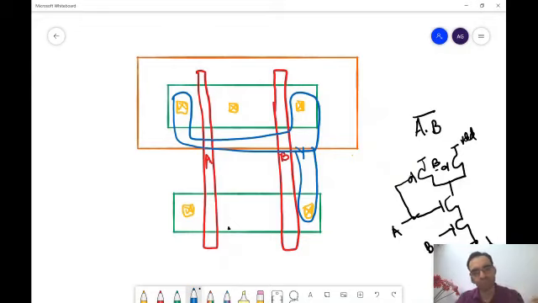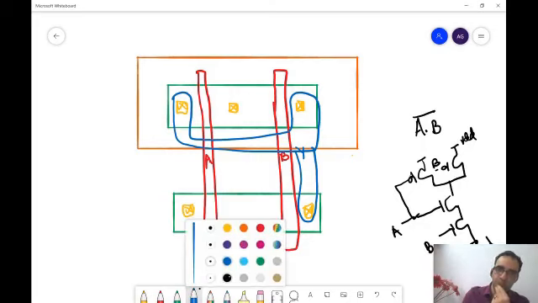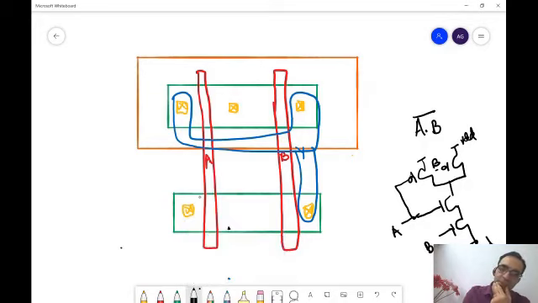Sir, actually, how are you drawing this NAND layout from this schematic? I'm not able to get it. Okay, so you're able to see these signals A and B? Yes, sir. The poly? Yes, sir. So when the poly intersects with the active in the P well, what do we get?